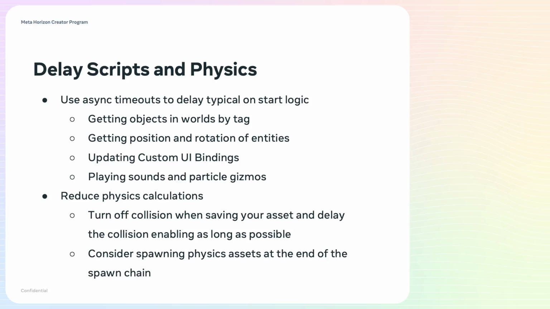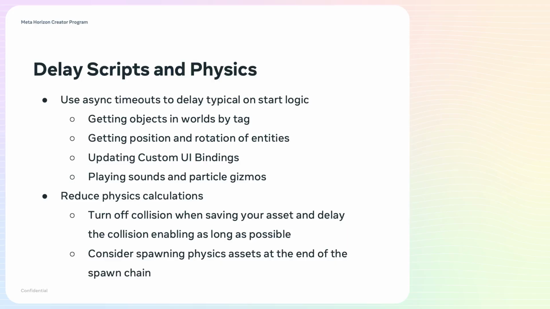If you have behavior like these four I've listed, then it's a candidate for delaying that logic. So things like getting the objects in world by tag or getting position rotation of entities, updating custom UI bindings, playing sounds or particle gizmos.